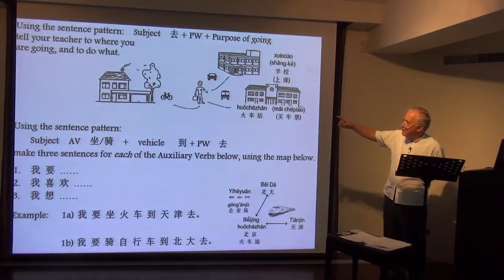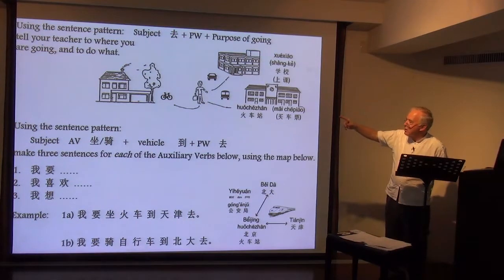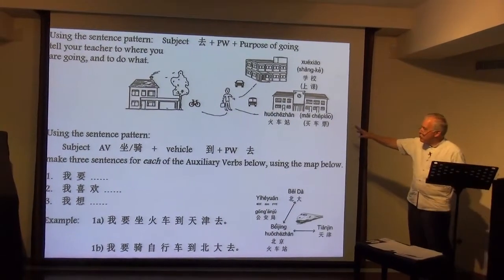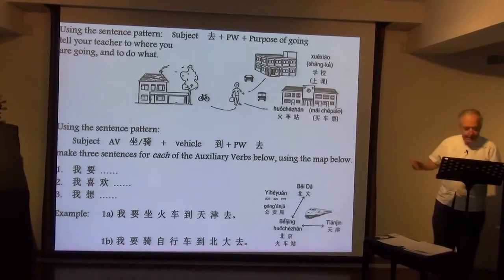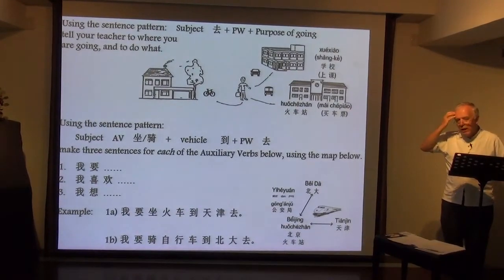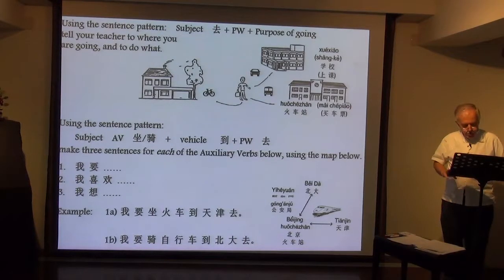And the same idea again. 他骑自行车到朋友家. 他坐出租车到学校去. 他坐公交车到火车站, etc. So the student uses the right preposition of conveyance, 坐 or 骑.